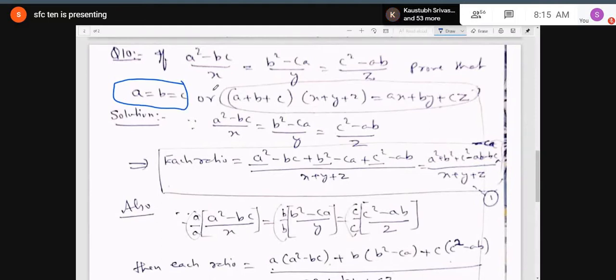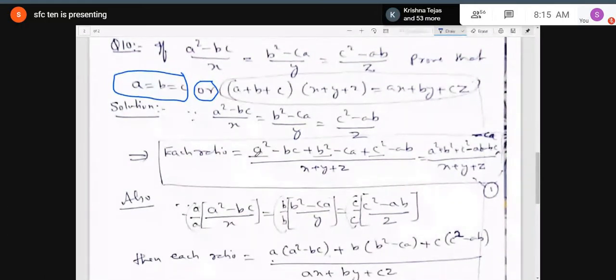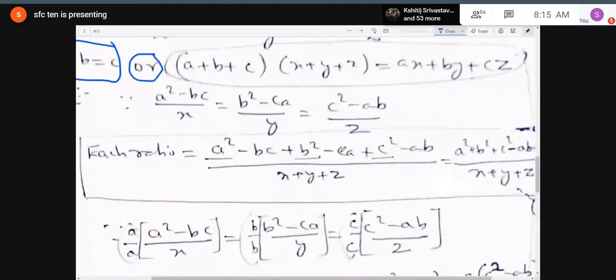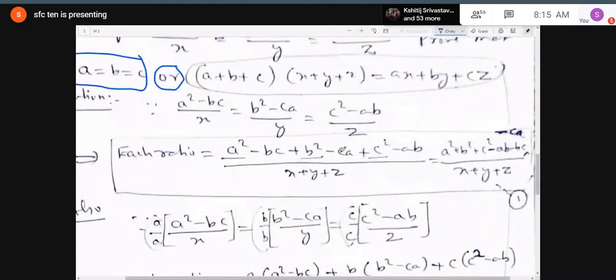How can you proceed? Because these three ratios are equal, and in the beginning when I started with the topic, I taught you the property that if any 3 or 4 ratios are given in the form of proportion, then each ratio is equal to sum of their antecedent upon sum of their consequent. So I have applied the same property over here.